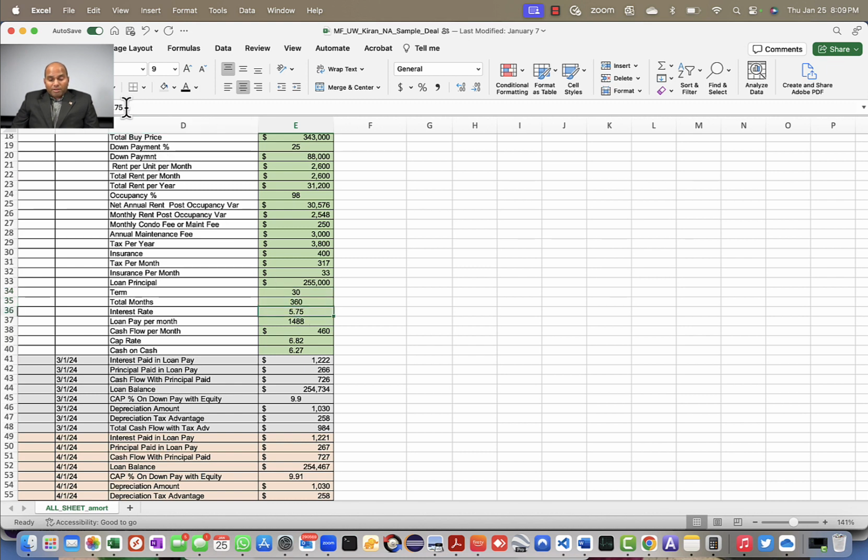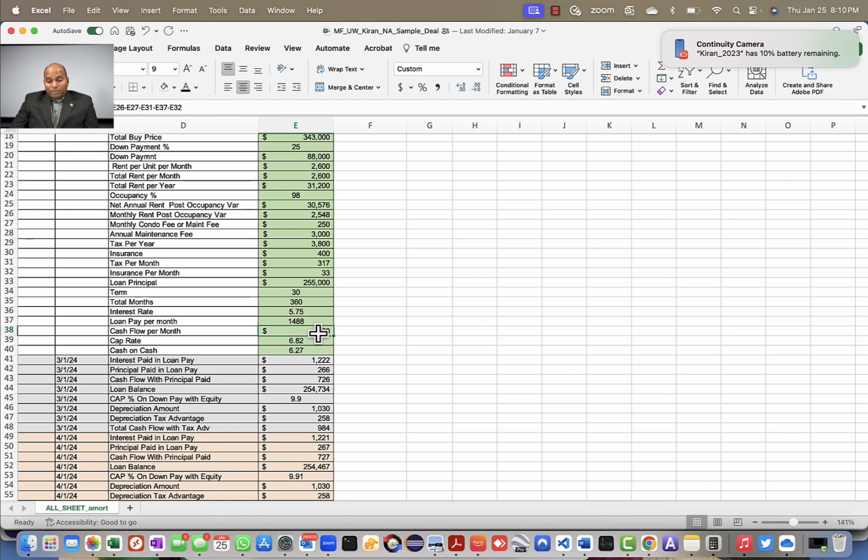I think 5.75 is possible now, but I think 6.57 has been going on for the last 1-2 years. But 5.75 is possible now, particularly if you pay, I think, 3/4 of a point or something like that. Recently my buyer borrowed at 5.75. And then loan pay is this much, and then cash flow.